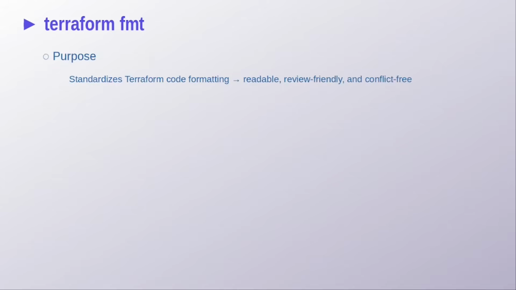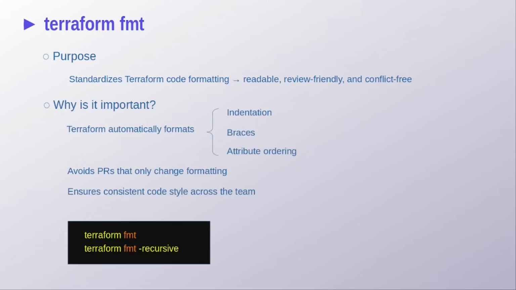Terraform fmt: clean code is safer code. Purpose: terraform fmt makes your code readable, consistent, review friendly. Why does formatting matter in Terraform? Terraform automatically formats indentation, braces, attribute order. Why does this matter? Because reviewers focus on logic, not spacing.